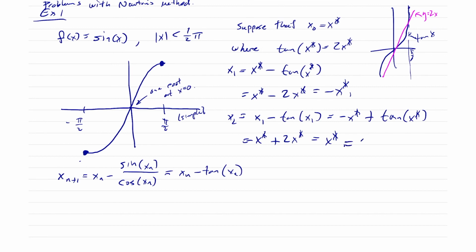But that was actually equal to x0. And so we end up having a cycle where we go from x0 to x1 to x0 to x1 to x0, etc. And so this will not converge.